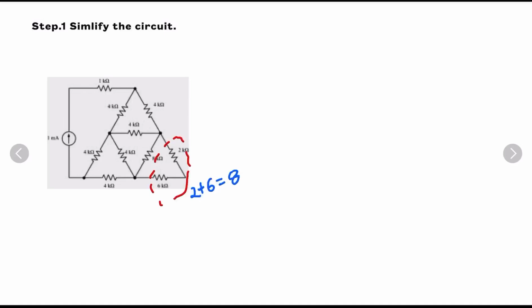After doing this, we have to redraw the circuit. Now for drawing the circuit, at this point we will ignore the current source. We will not draw it and we will consider it at the final step.